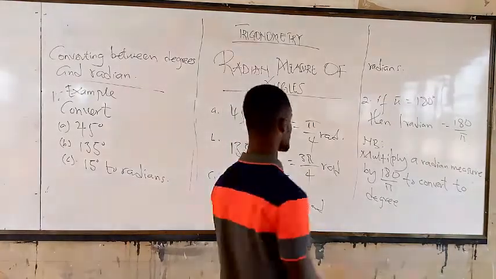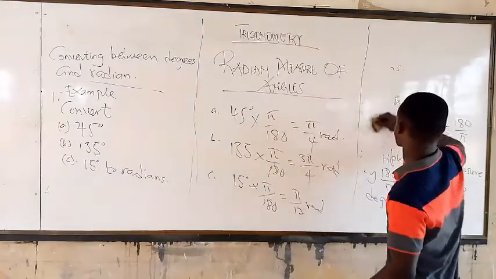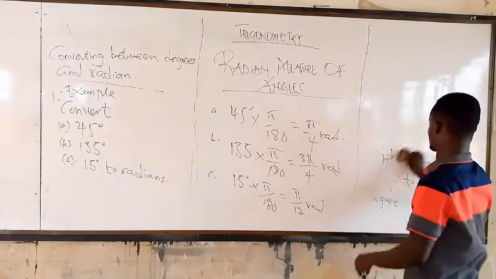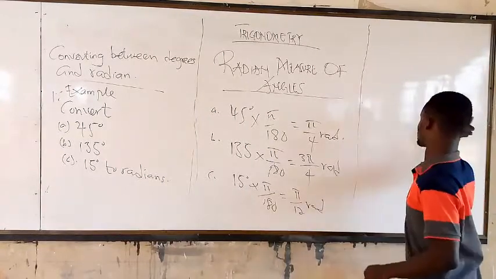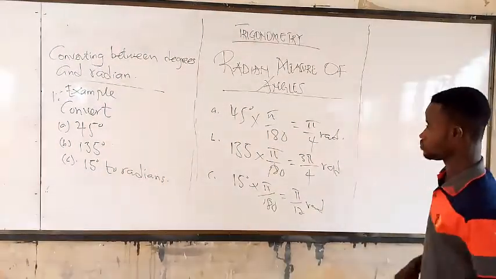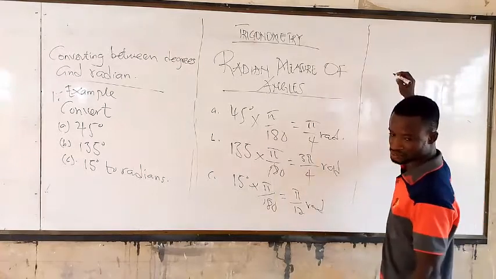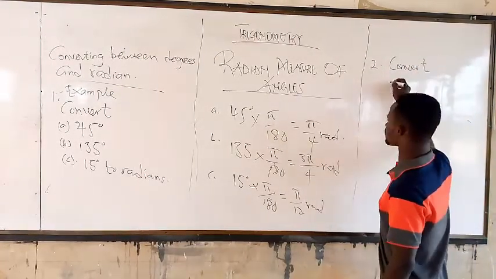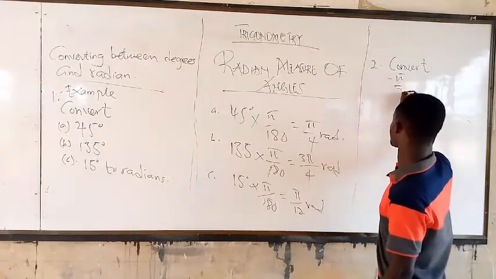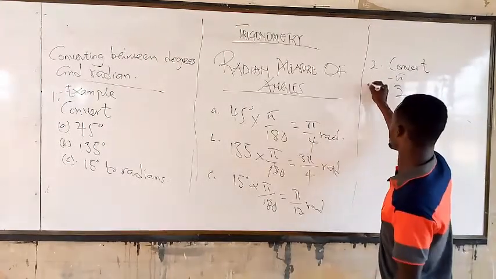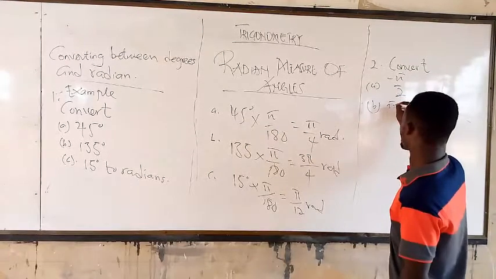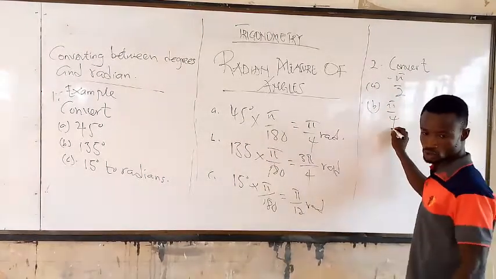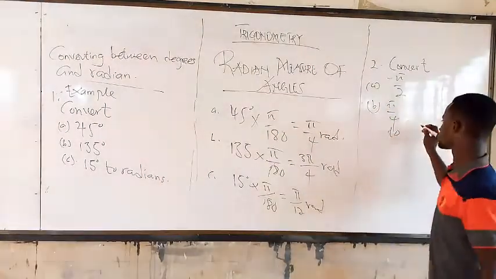Example 2. Convert A, negative pi over 2, and B, pi over 4, to degree measure.